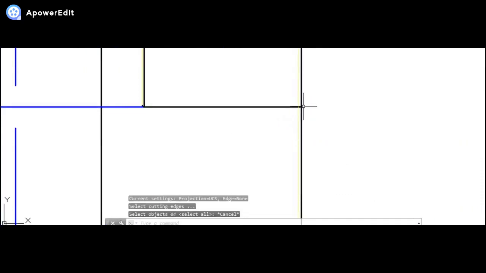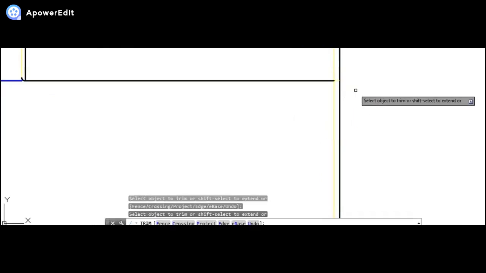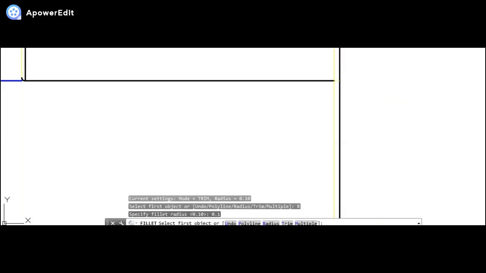The line that we are trimming is this one. Once we are done, again I can make a very small fillet over here. So I'll be selecting this line. Of course, this is the one.